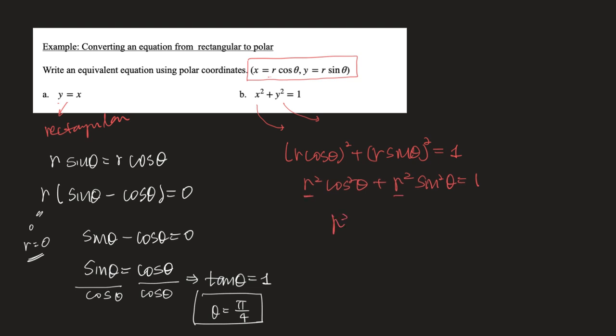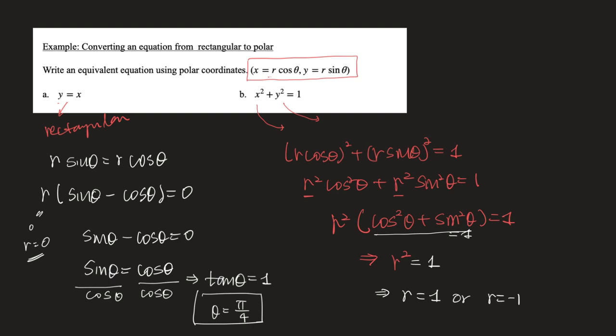The common factor is r squared: r squared times cosine squared theta plus sine squared theta is 1. Cosine squared plus sine squared is 1, so r squared is 1. So the polar equation is going to be r is 1 or r is negative 1. That's what it represents.